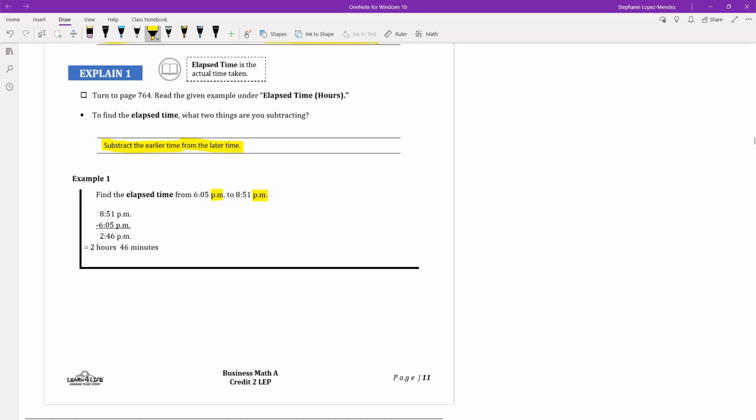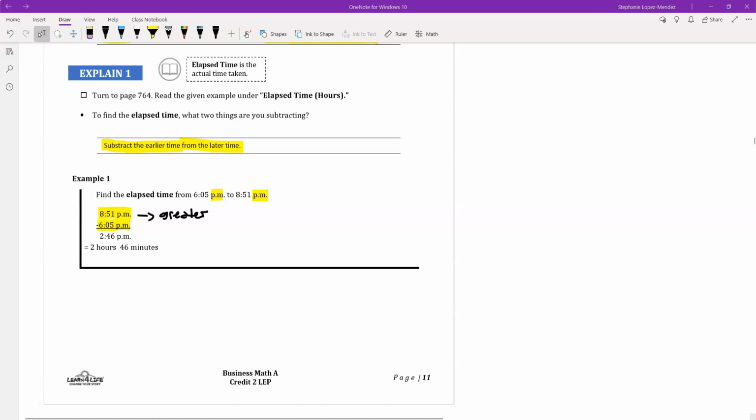Now in this example we have 8:51 p.m. and we need to subtract the 6:05 p.m. One thing we always have to check also is that the time up here is greater than the time at the bottom. Okay, so 8 is greater than 6 and 51 is greater than 05.